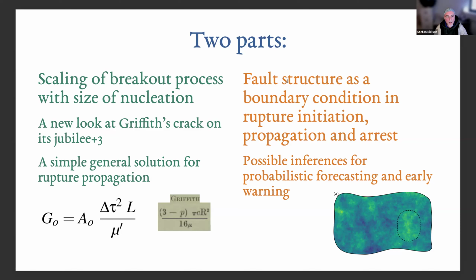So we're going to revisit that and put it in a more contemporary context and use that to derive a solution for rupture propagation. That's one part, and that's a simple analytical solution that I'm going to show you that reveals some scaling that I think is really interesting.